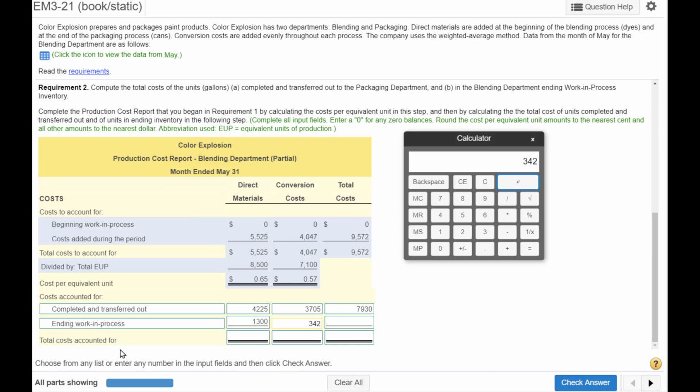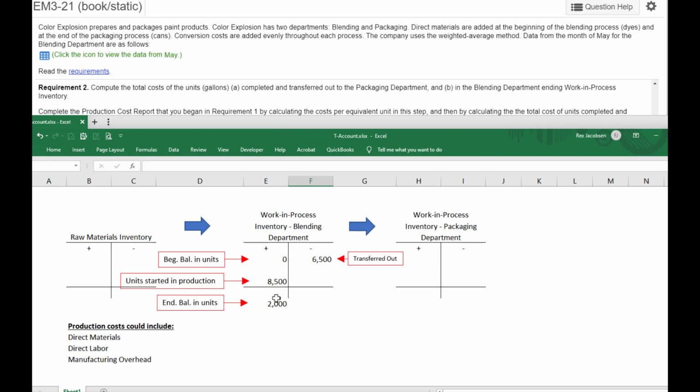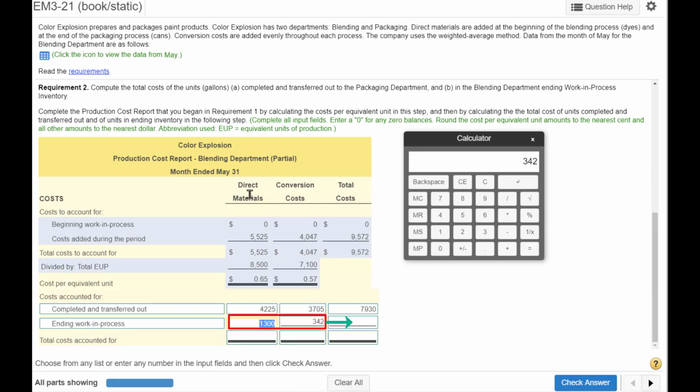So these 2,000 units in the ending balance that are 30% complete, their total costs are $1,300 of direct materials plus $342 of conversion costs. We're going to add this plus this, and that gives us what, $1,642?